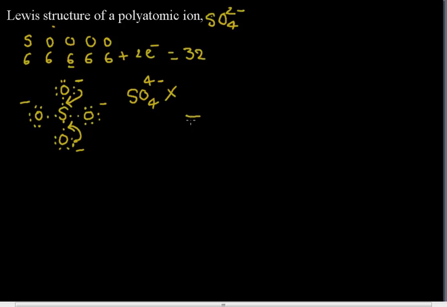Let's see if the resulting structure is correct. This is going to be a double bond now. So now oxygen has only 4 electrons around it. And this is a single bond that doesn't change. We haven't changed anything on that oxygen, whereas the bond between this sulfur and oxygen becomes a double bond.